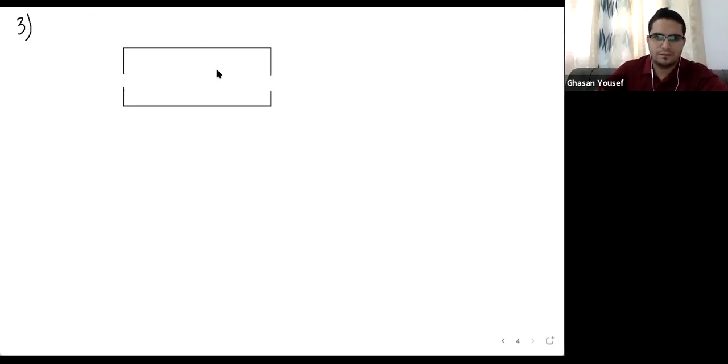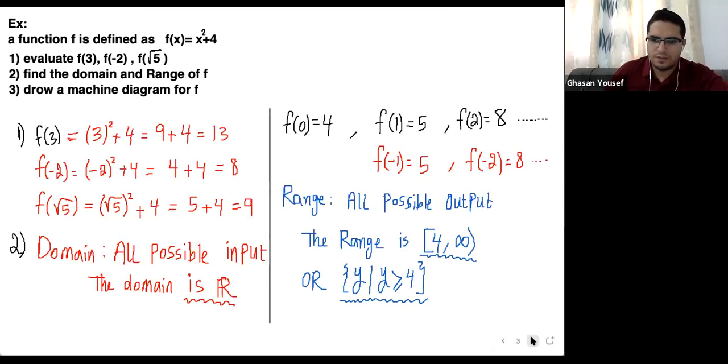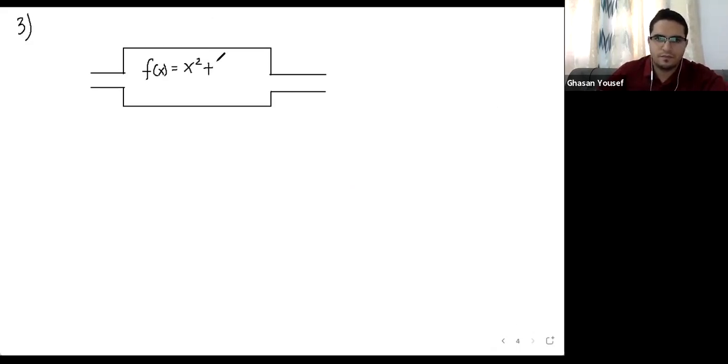So f of x equals x squared plus 4. Here the output is f of x.